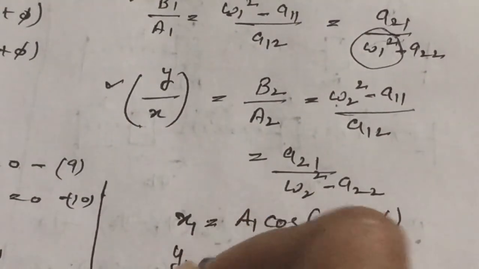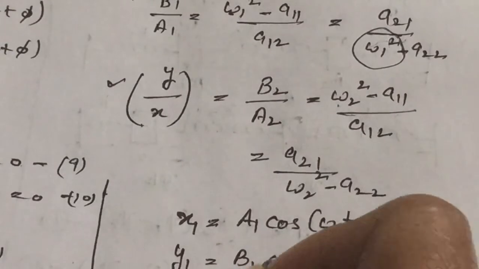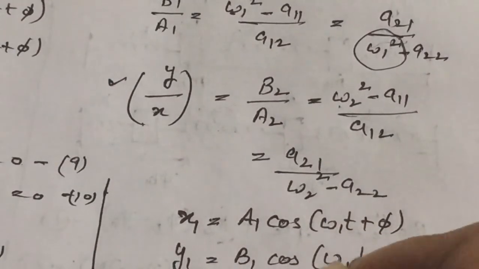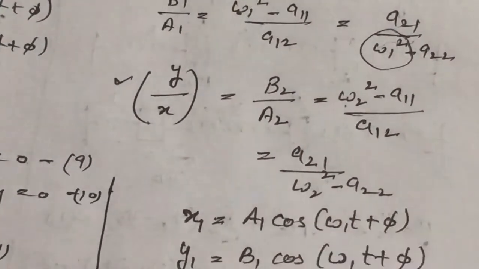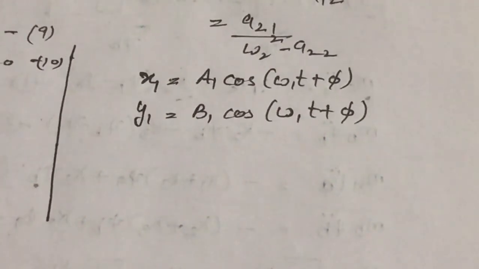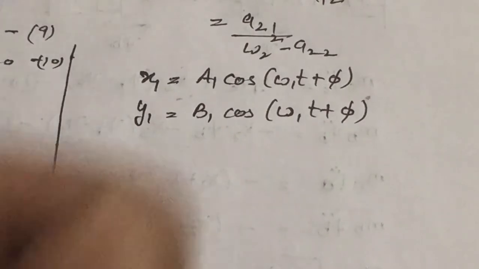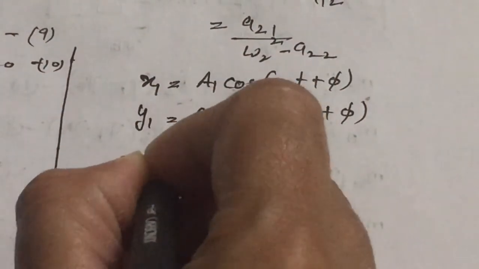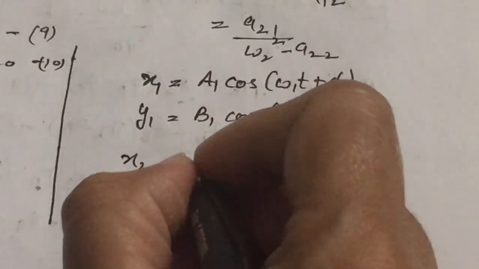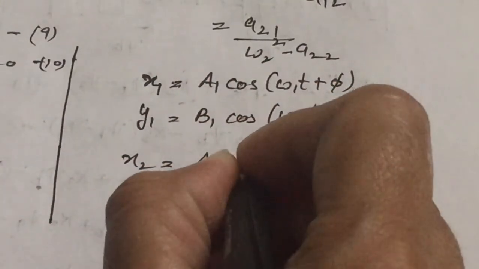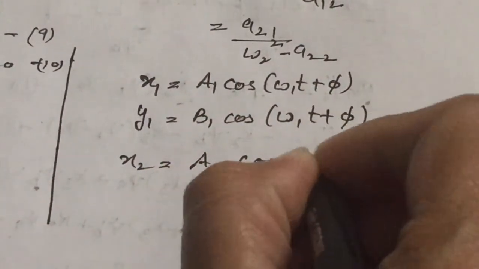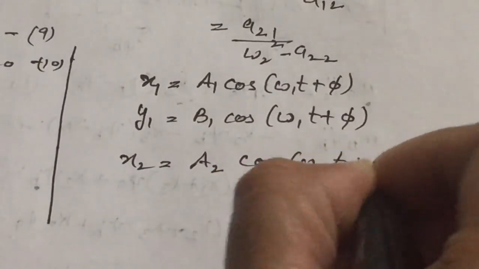Second particle motion can be represented like this when the particle is moving with angular velocity omega 1, and if the particles are moving with angular velocity omega 2, we can change the equation of motion for the first particle as x2 is equal to a2 cos of omega 2t plus phi 2.